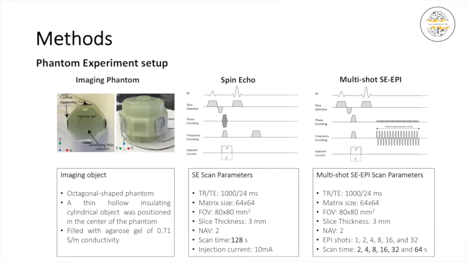We used agarose gel-based phantoms to test our methods. The gel phantoms consisted of a 0.71 Siemens per meter conductivity outer region. A non-conducting hollow insulating object was placed in the center of the phantom. The insulating object was also filled with agarose gel. 10 mA MREIT imaging currents were applied via carbon electrodes placed on the outside of the phantom.